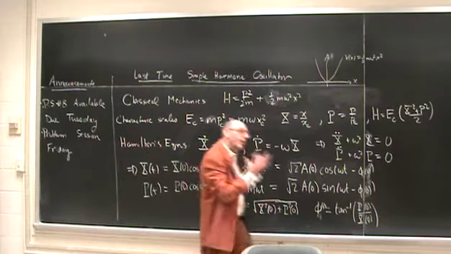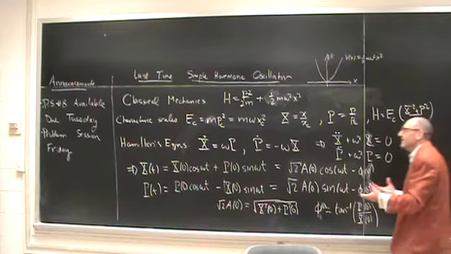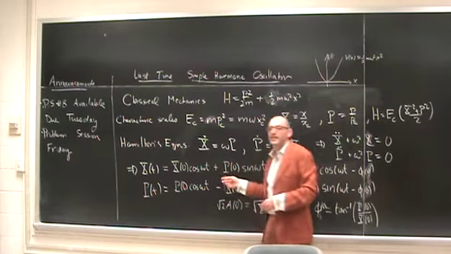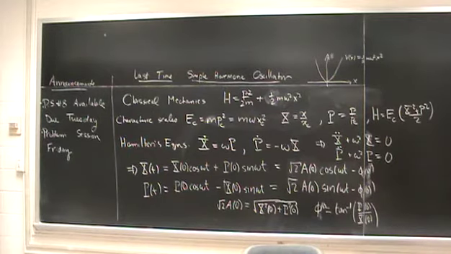Or I could equivalently think about any harmonic motion as having some amplitude and some phase relative to some phase that we call zero. So either I talk about the quadratures, which in this case are the initial x and p variables, or I talk about the amplitude and phase.